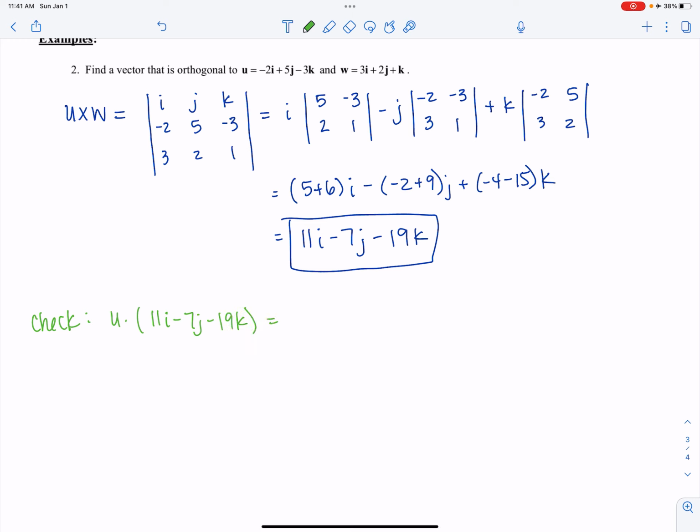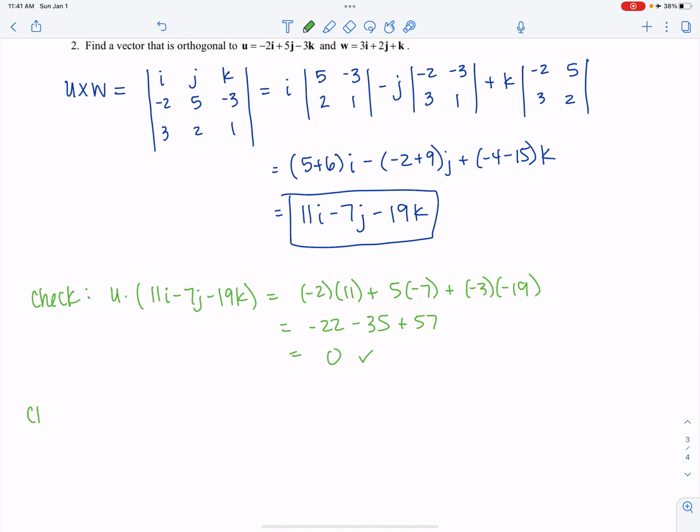So u would give us negative 2 times 11, 5 times negative 7, negative 3 times negative 19. So we have negative 22 minus 35 plus 57, which is 0. So that checks out.